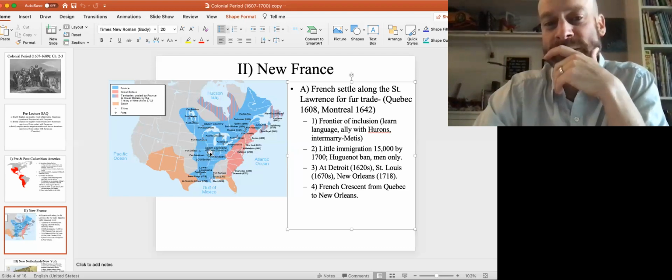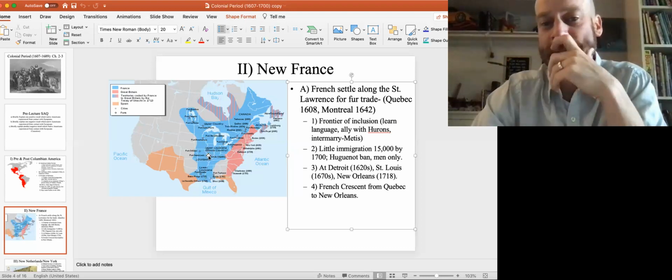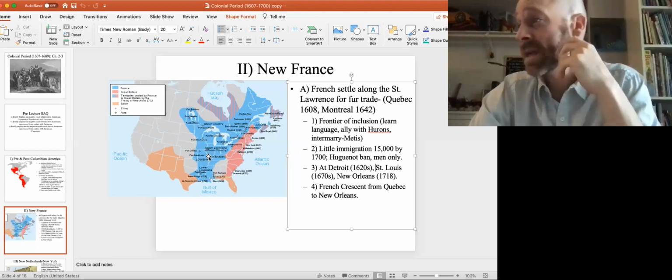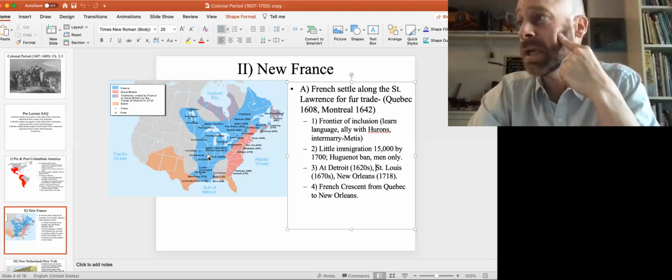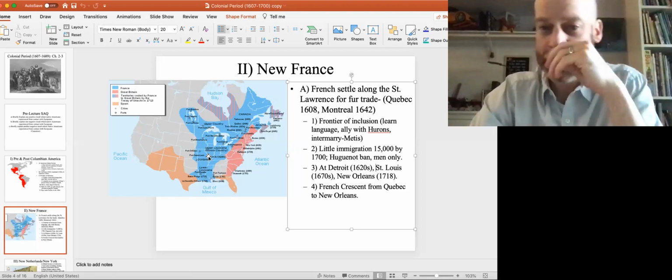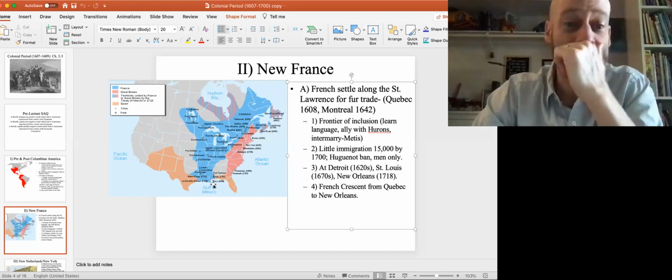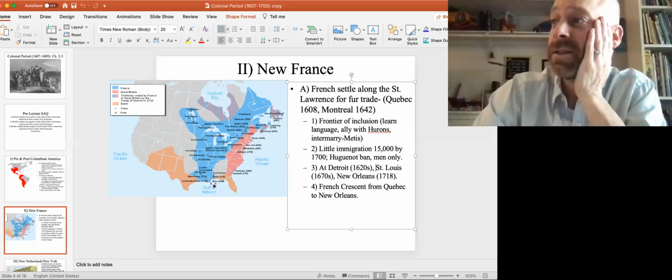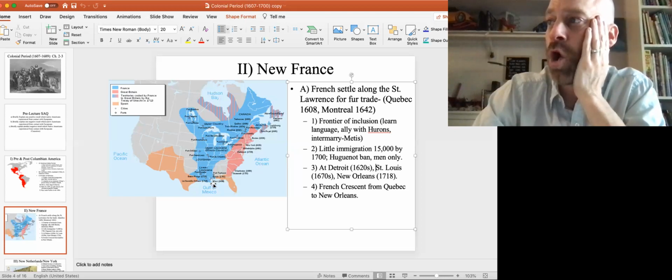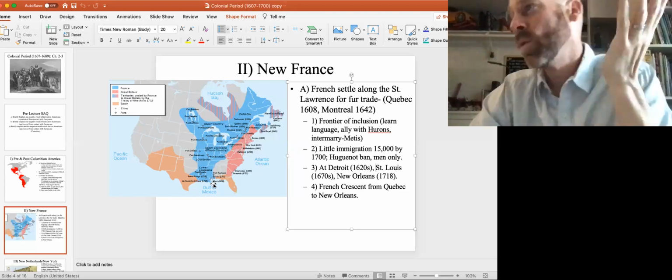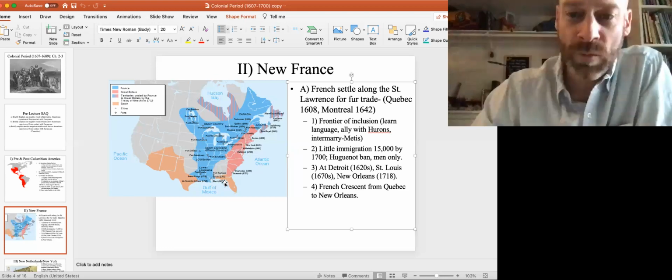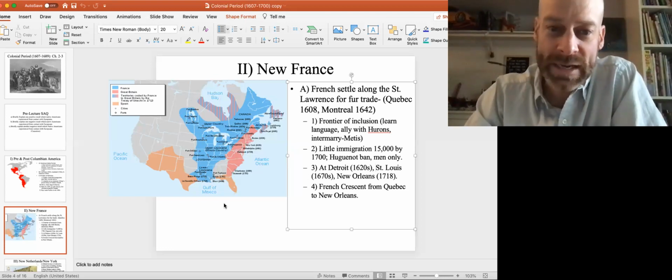And of course, you have here on the Mississippi this large city in what's today Missouri called St. Louis. And all the way down here at the mouth of the Mississippi, you have a very important city that they founded as Nouvelle Orleans, or New Orleans is what we call it. Nouvelle Orleans, or New Orleans, 1718.